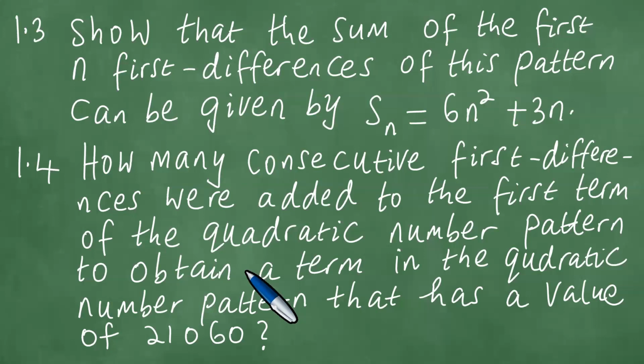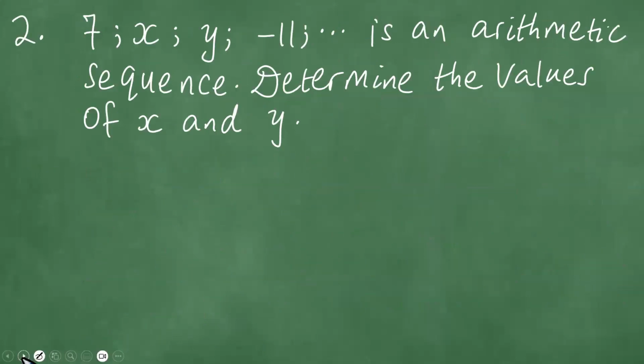Right. So now we are adding the consecutive first n differences to the first term. So we're adding them to -3 of the quadratic number pattern, to obtain a term in the quadratic number pattern that has this value.